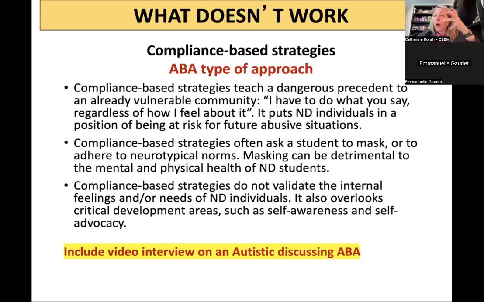Now, part of what's dangerous with these types of strategies when we're addressing a vulnerable population is that we're giving the underlying message that the child should do our bidding regardless of how they feel about it. So if they don't feel comfortable, or they feel overwhelmed, or they feel stressed, we're putting them at risk in the future, potentially for an abusive situation.